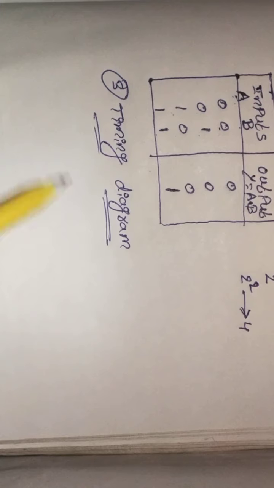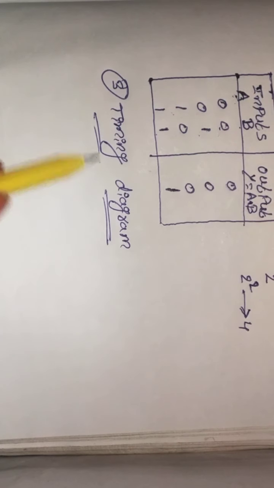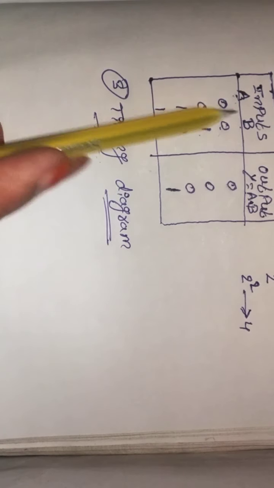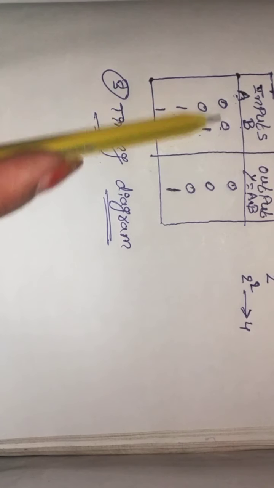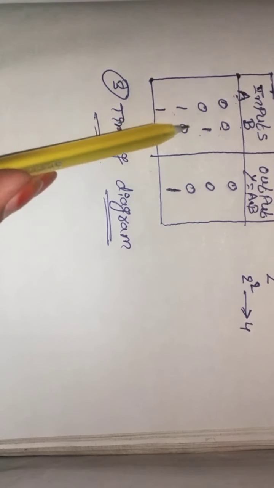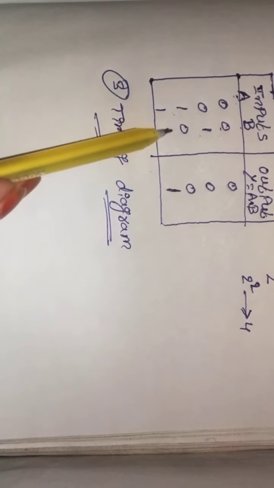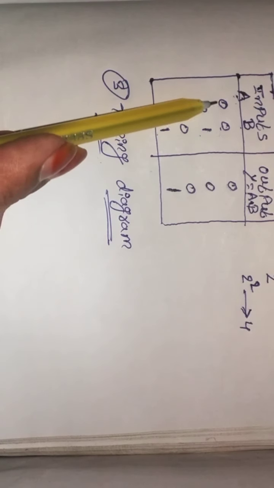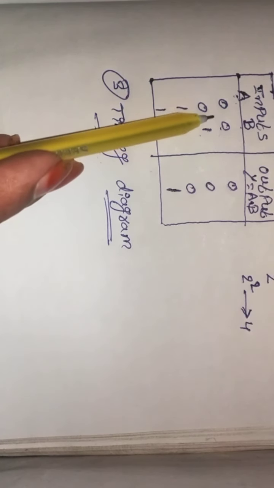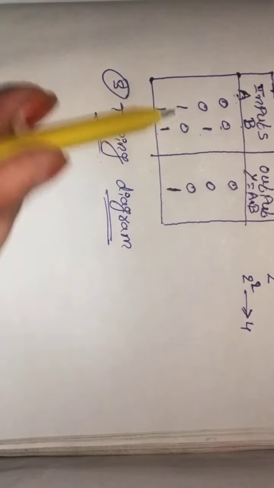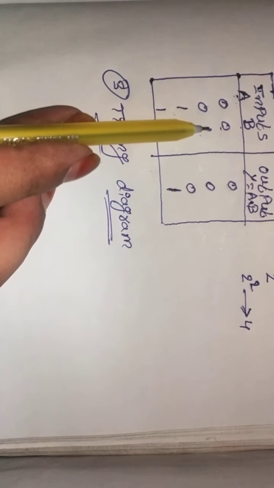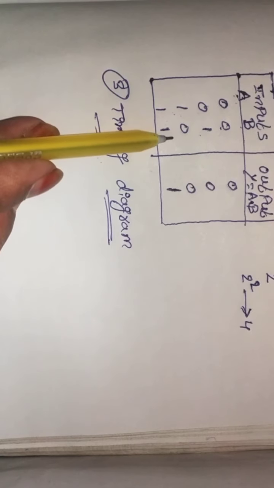The third one is timing diagram. The third characteristic is the timing diagram. Why do we discuss the timing diagram? Because in the truth table we consider 4 combinations, but these 4 combinations are not possible to give at the same time.